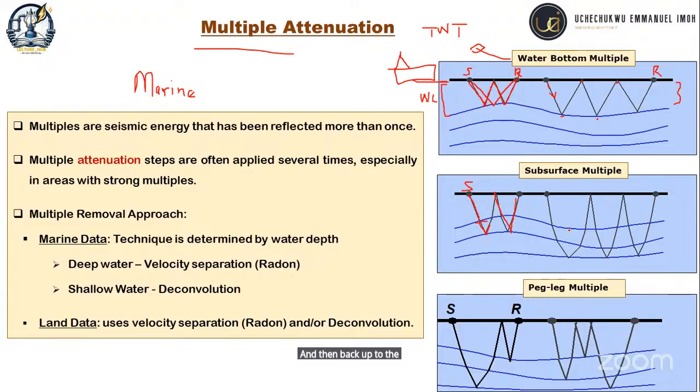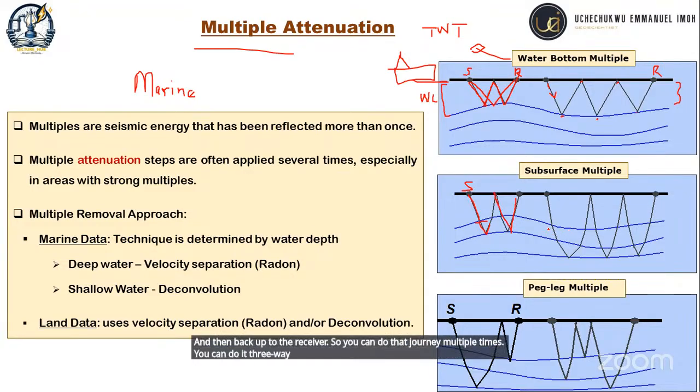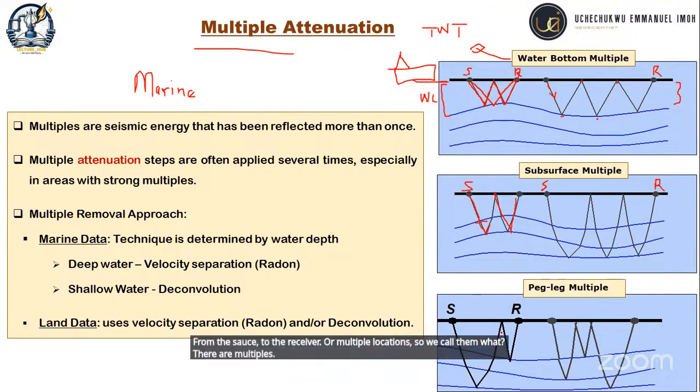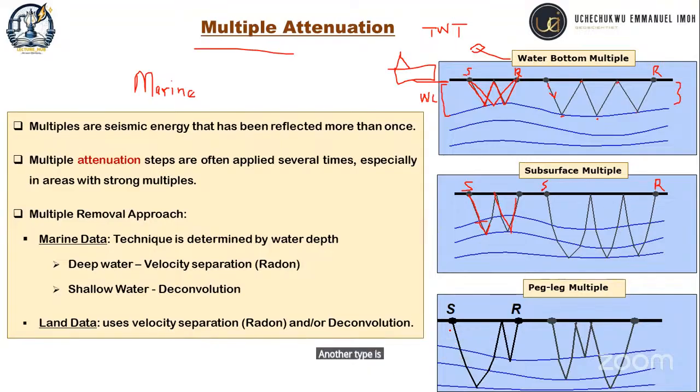You can do that journey multiple times, at three-way time, four-way time, it doesn't matter. It depends on how much energy is doing that. So the wave can travel from the source to the receiver on multiple paths. We call them multiples.